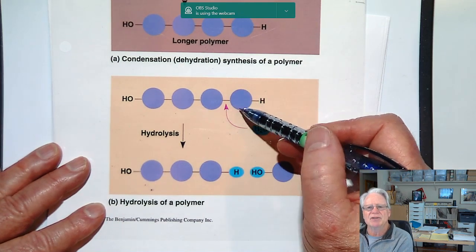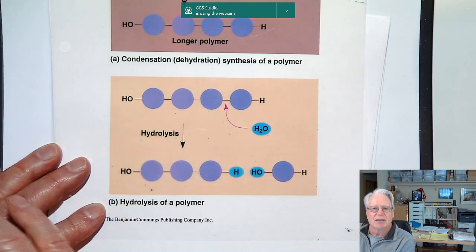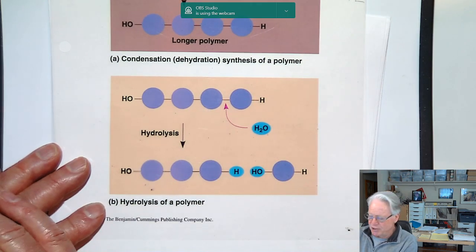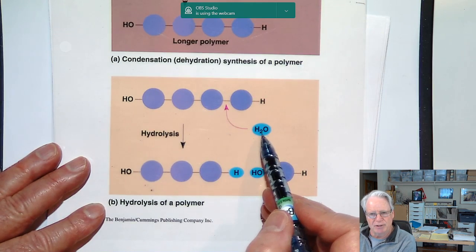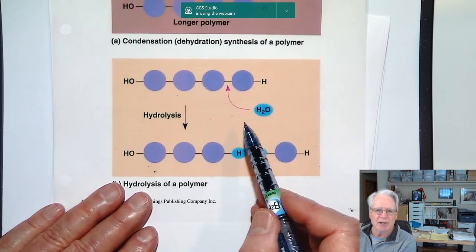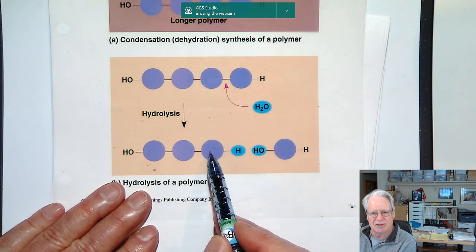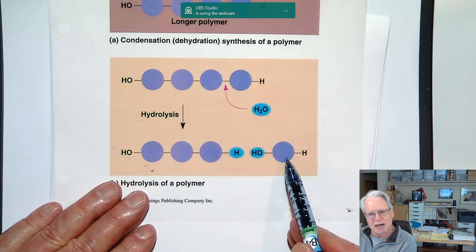We want to remove this last blue dot from the string of dots. If we're going to do that reaction, we need water to be part of that reaction. So when we break it apart, what we end up with after the reaction is a string of just 3 blue dots and a single blue dot by itself.